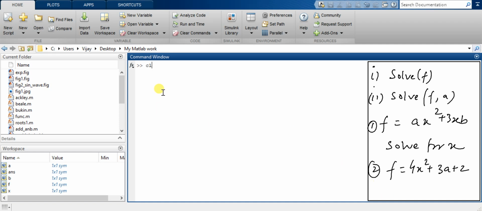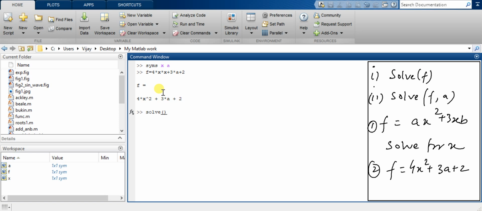First I will clear the workspace and the command window. Now I will define syms. We have two symbols, that is x and a, and now defining f equal to 4 into x plus 3a plus 2. When you hit enter, this expression is stored in f, so we can solve it by using the solve command.